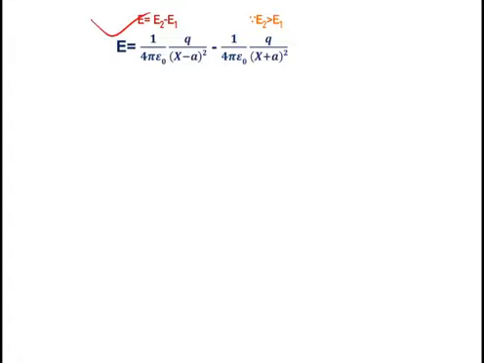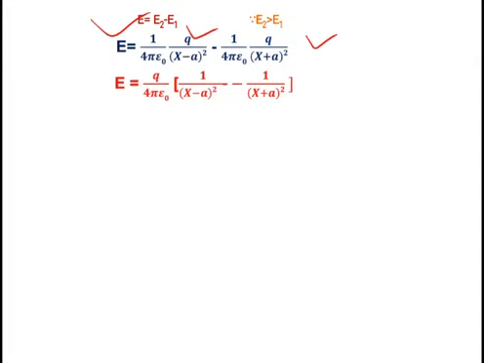So what are E1 and E2? E2 is 1 divided by 4 pi epsilon naught, Q divided by (x minus A) whole square. E1 is 1 divided by 4 pi epsilon naught, Q divided by (x plus A) whole square. Substitute both the values of E1 and E2. Then what are the common factors here?